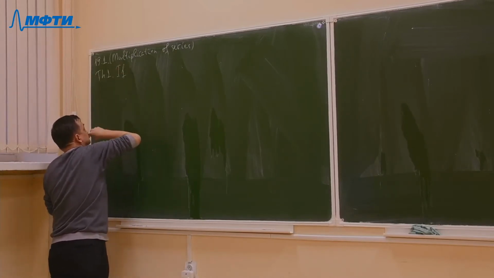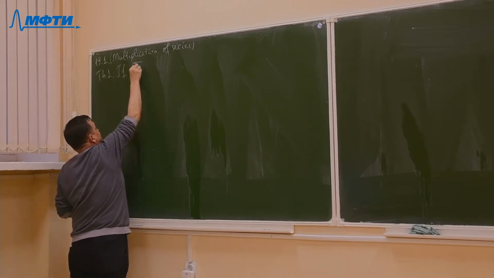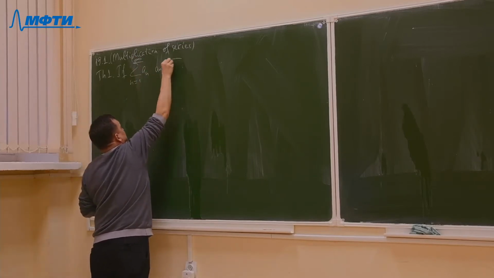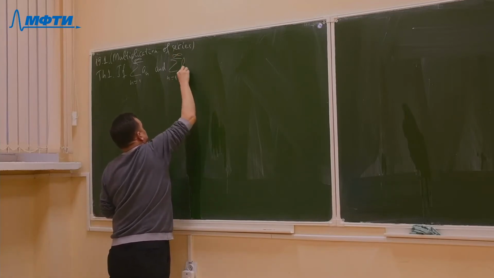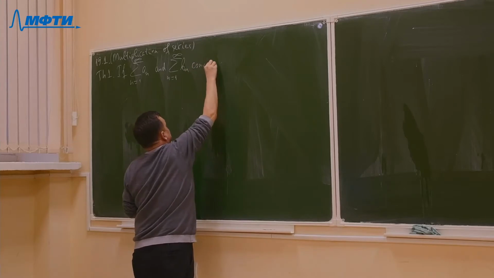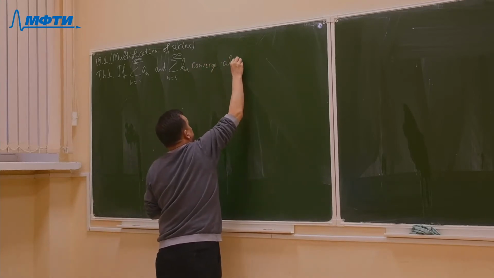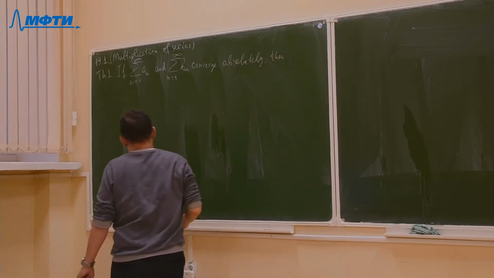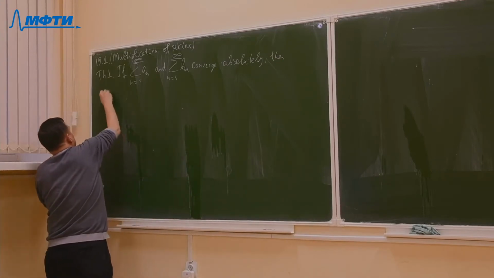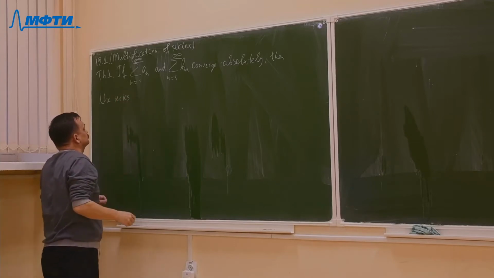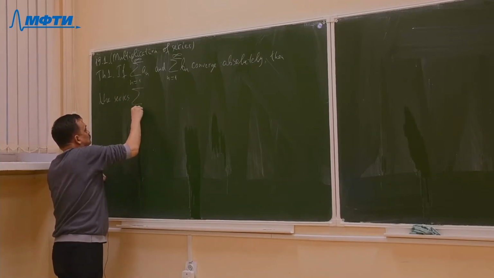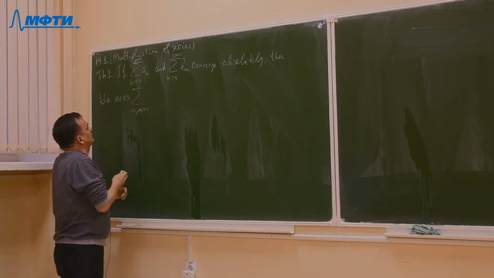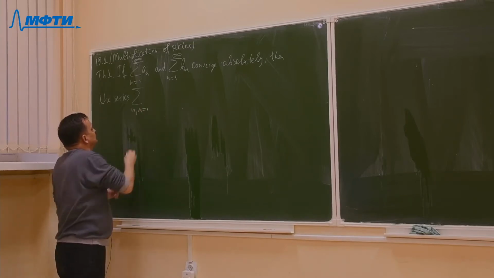If two series A_n and B_n converge absolutely, then the series sum over n, m from 1 up to infinity.